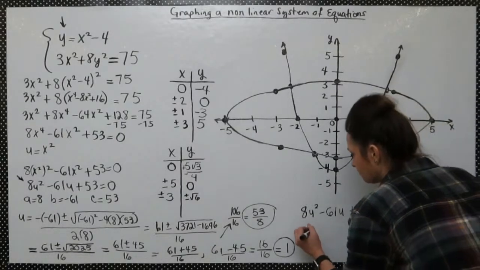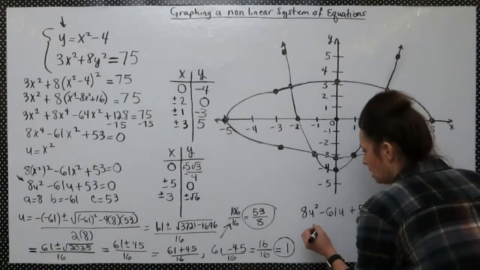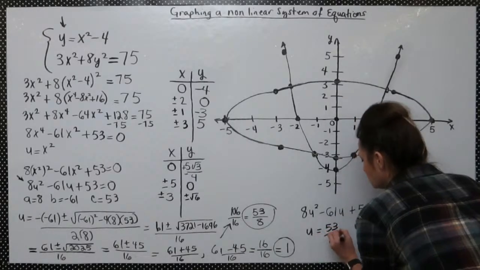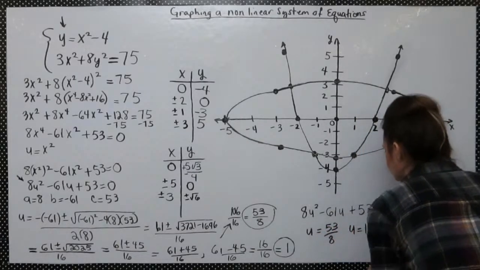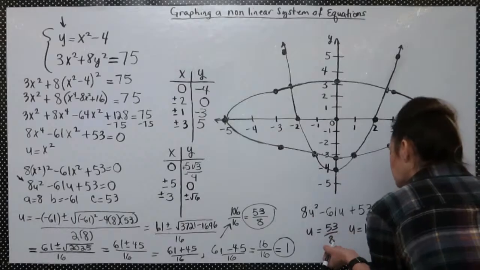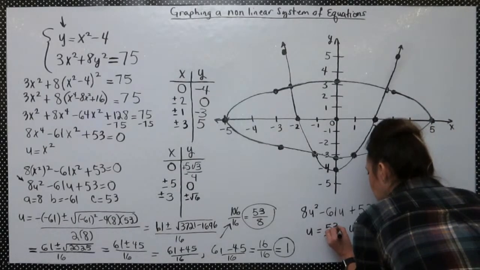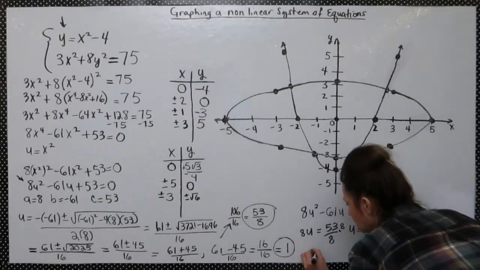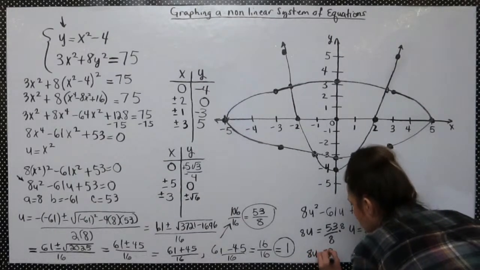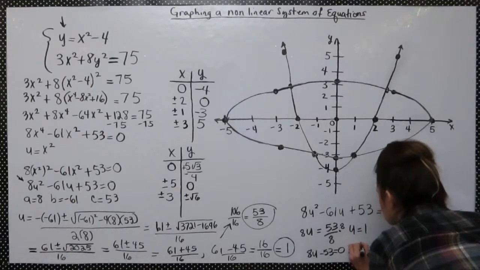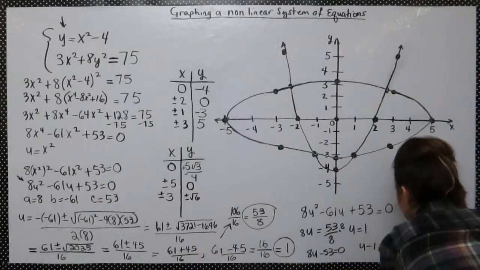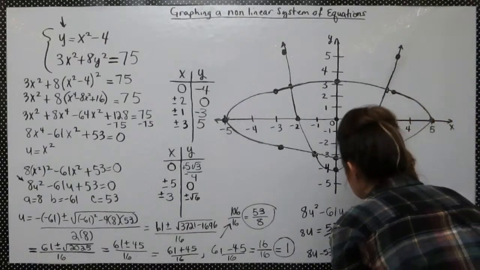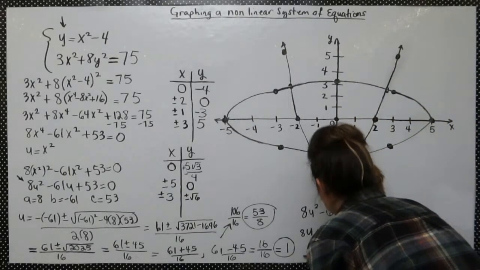So we solved this, and we got u equals 53 over 8 and u equals 1. Well, if I want to rewrite that factor, we would multiply both sides by 8 here, and that becomes 8u minus 53 equals 0. And then this is u minus 1 equals 0. But I think that all we need is this one.